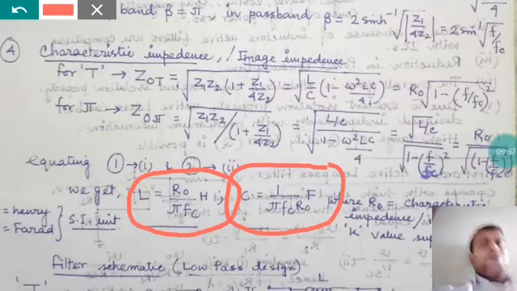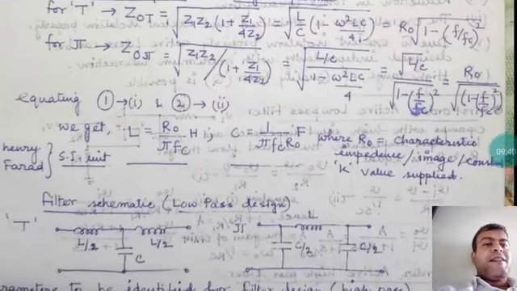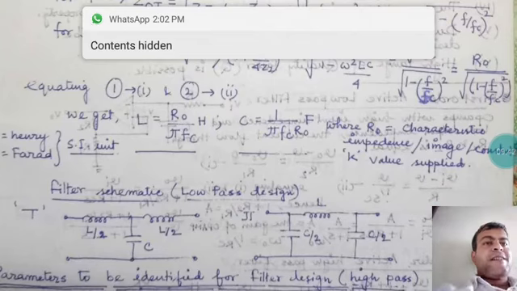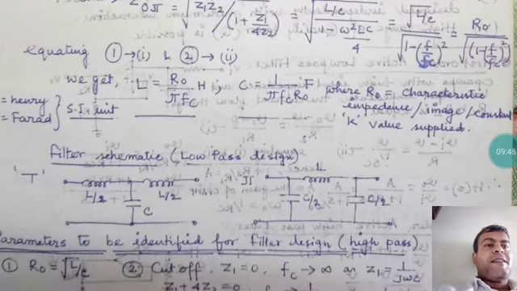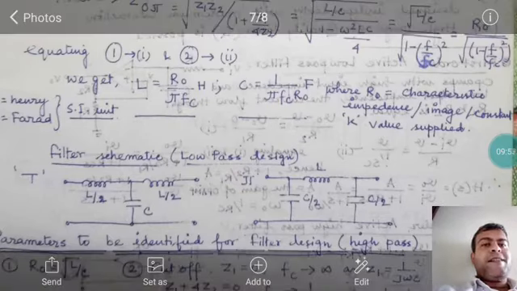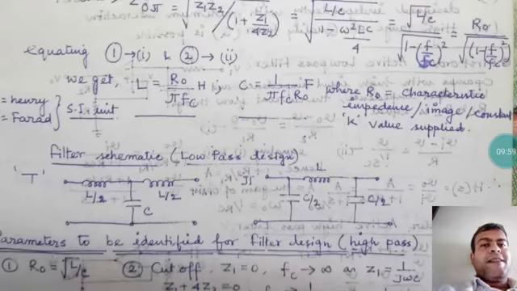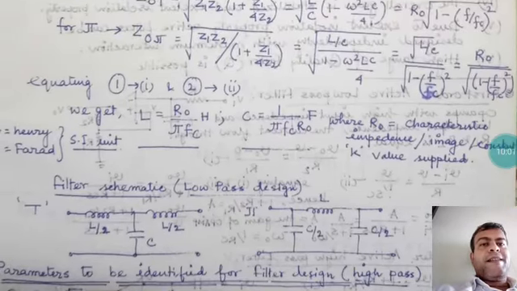So finally I mentioned right here, where R0 is the characteristic impedance and the image and constant k value is supplied. So how the filter will look, just see this: here it is Z1 by 2, Z1 by 2, Z2, and this is L2 right here.